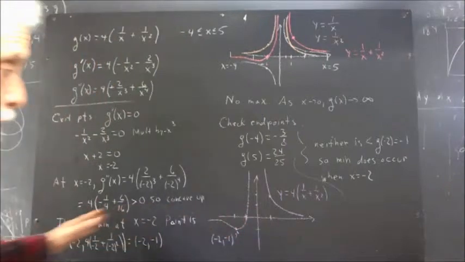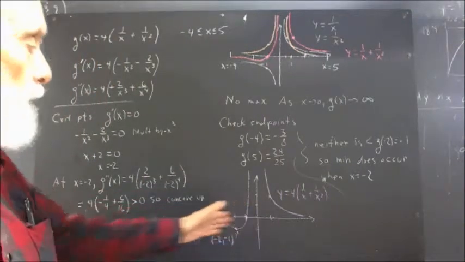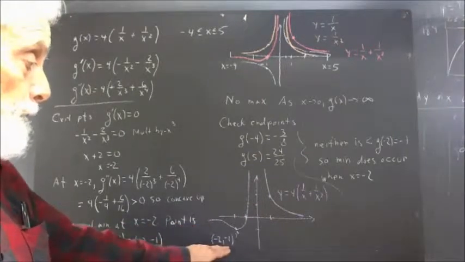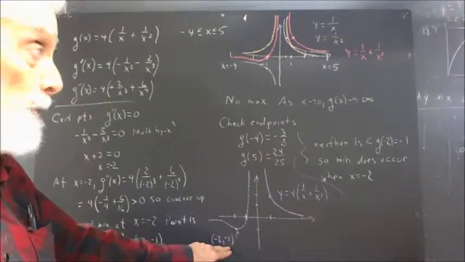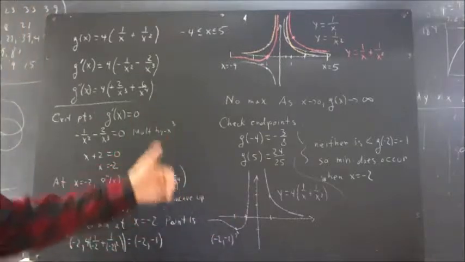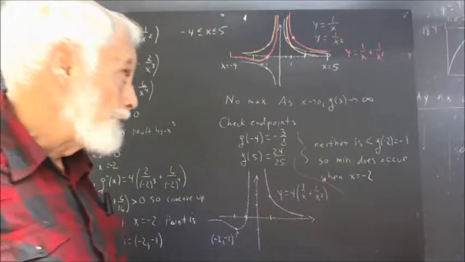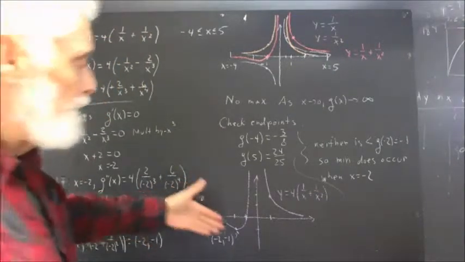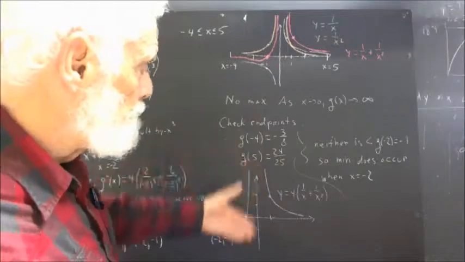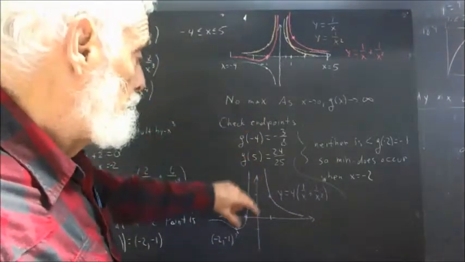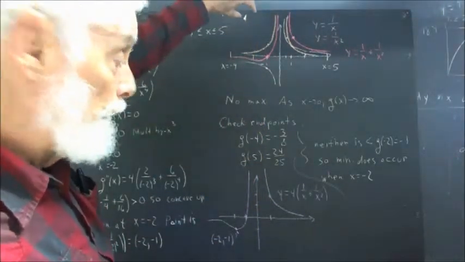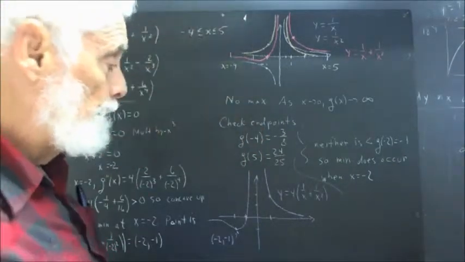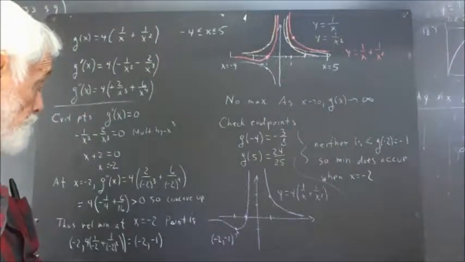So no matter how far we go over this way, and we only have to go over to -4, that'd be about here, this graph is clearly never going to be less than -1. So -1 is the minimum on the entire interval. The maximum, well, there is no maximum because we have vertical asymptotes on both sides of the positive x-axis. So the function exceeds all bounds. There's no limit to how high the function gets. So there is no maximum.